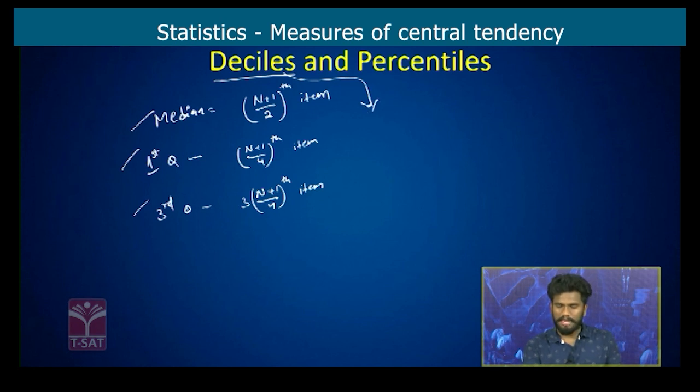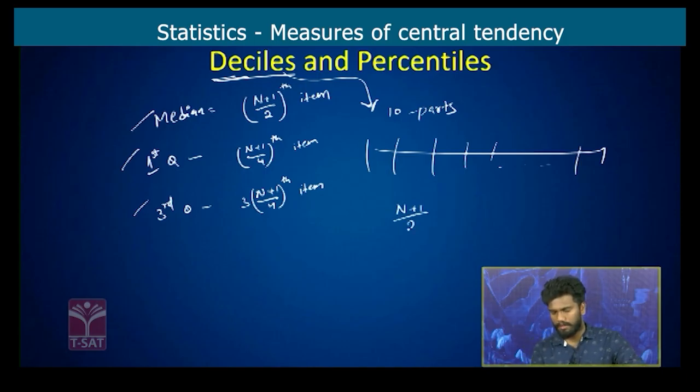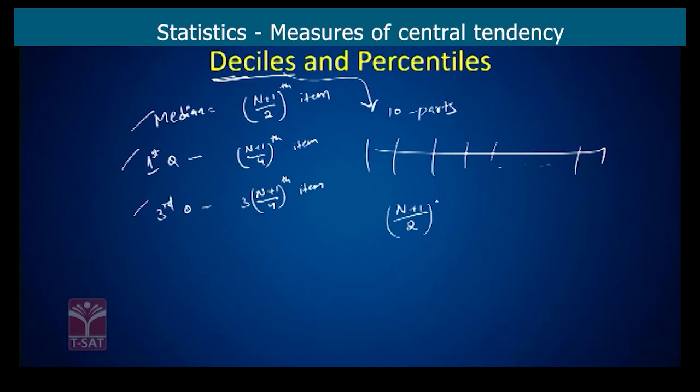Deciles, the name itself is saying it. Decile means 10 parts. That means the whole data is divided into 10 parts. In the median, the middle item is given by the (n plus 1)/2th item.